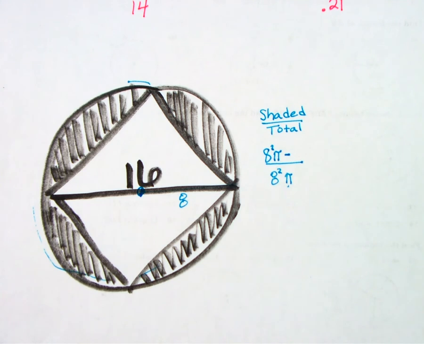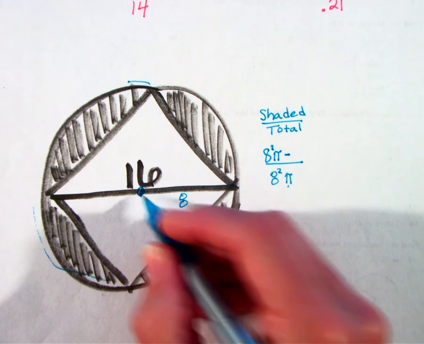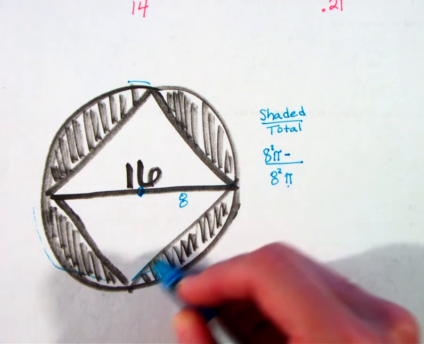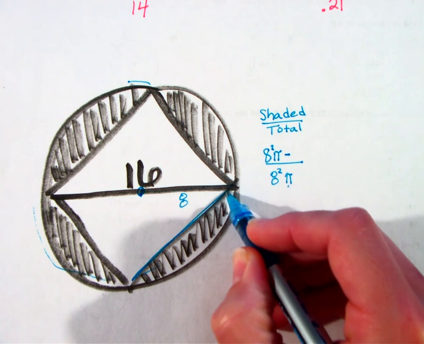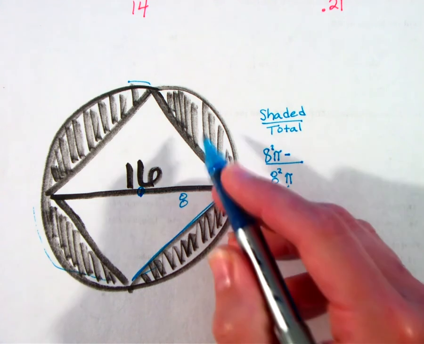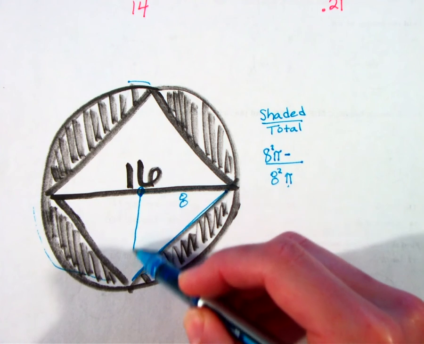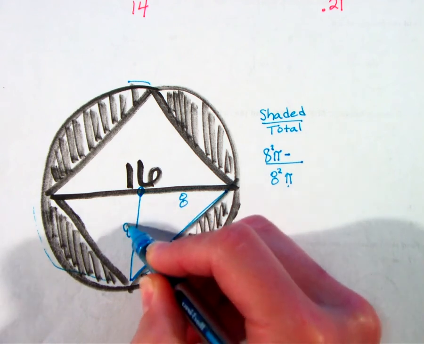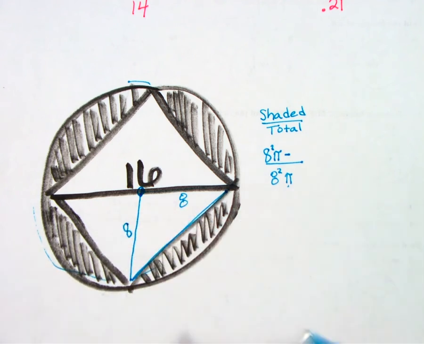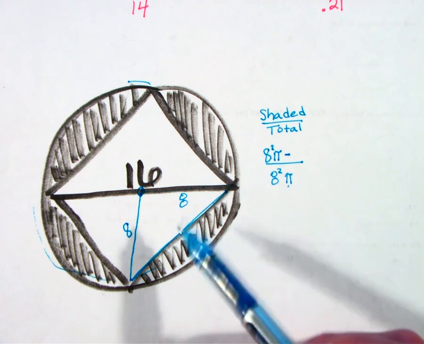Okay, well, this square, I threw this one in there. We've got to find the side length of the square so that I can do that times itself and get the area. Well, every square side is 8, and do you remember what the other side would be with your special right triangles?